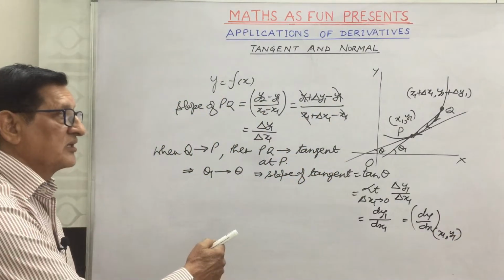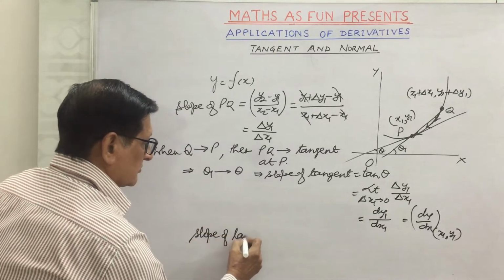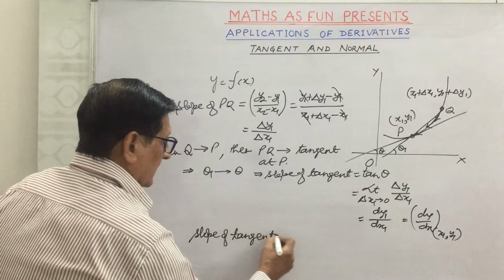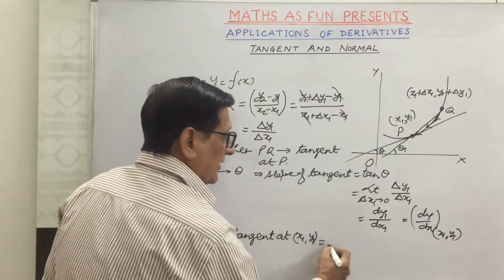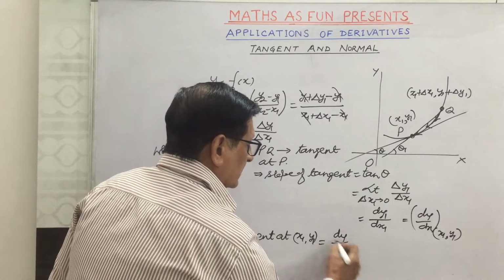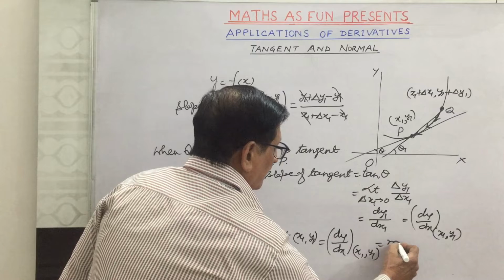It means what we can say? We can say that slope of tangent at any point (x1, y1) can be given by dy by dx at point (x1, y1), which is m.